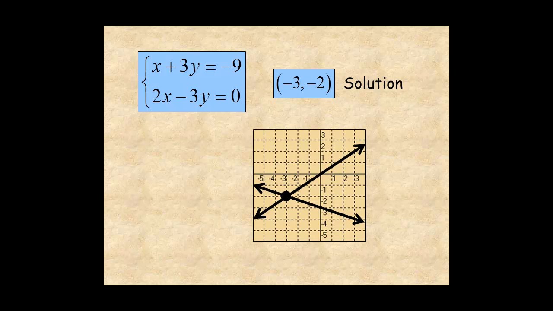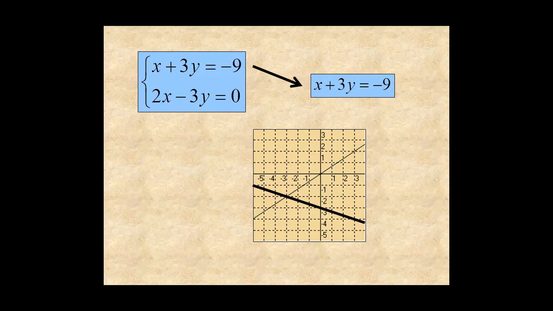Before moving forward, though, you need to understand why this is true. Recall that the graph of an equation is a picture of its solutions. For example, here's the graph of the first equation. One of the points on the graph is (3, -4).